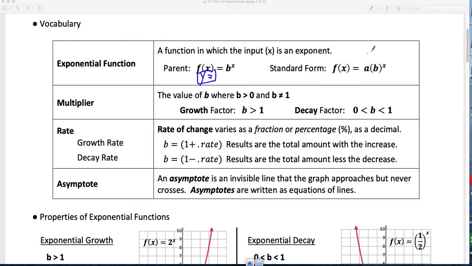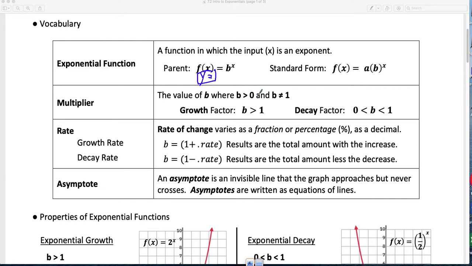I've got this a right here. We're going to diagram this in great detail on the next page, but right now, pretty much every function we're going to deal with in standard form has a y-intercept. So we'll lay that out in a minute. All right, the value of b has several different names, but primarily we call it the multiplier. The value of b has restrictions.